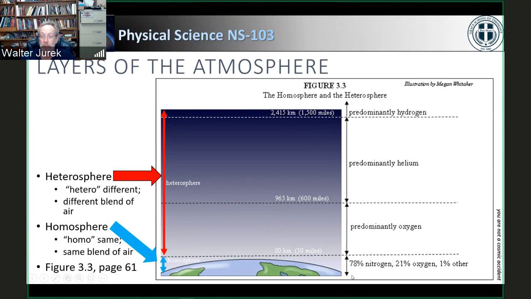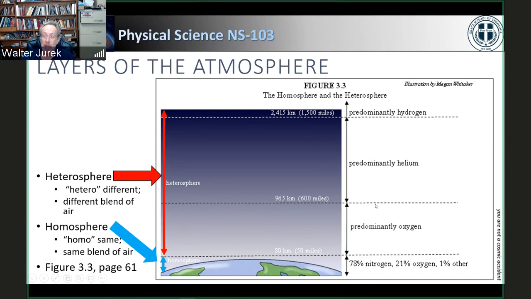The air blend in this area is all 78% nitrogen, 21% oxygen, and 1% other. That stuff we looked at last lesson, that blend. Now, once you get up above the homosphere into the heterosphere, guess what? There's a chunk that's predominantly oxygen.